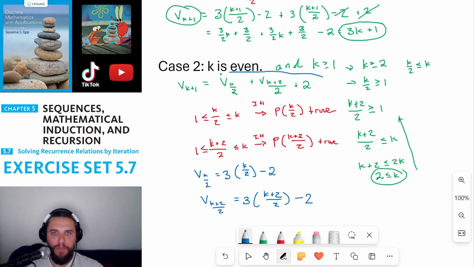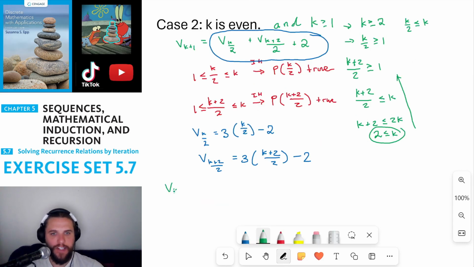So now let's go back to this expression and plug in what we have for v sub k over 2 and v sub k plus 2 over 2. So this means that v sub k plus 1 equals 3 times k over 2 minus 2 plus 3 times k plus 2 over 2 minus 2. And then we still have this plus 2 here.